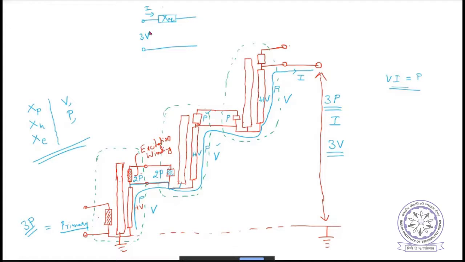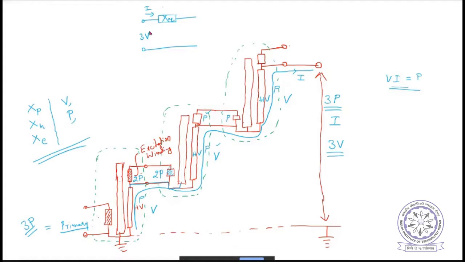Because XEQ represents the reactive power of the transformer, and I am referring all the quantities, including primary, secondary, tertiary, everything, to the secondary side. When I am referring to the secondary side, my objective should be to equate the reactive power. That's the only thing. Reactive power should be the same, that's it.